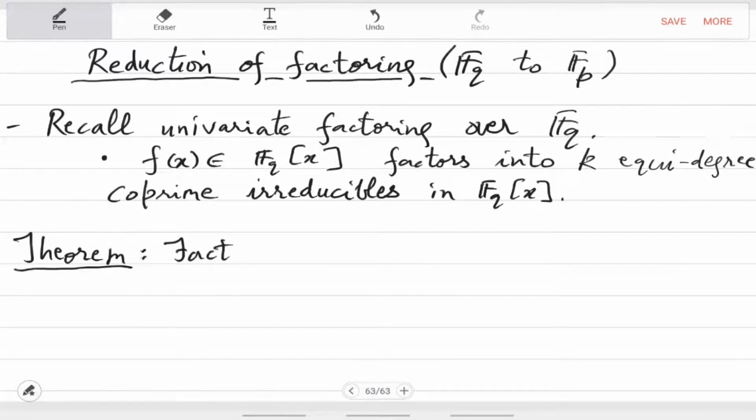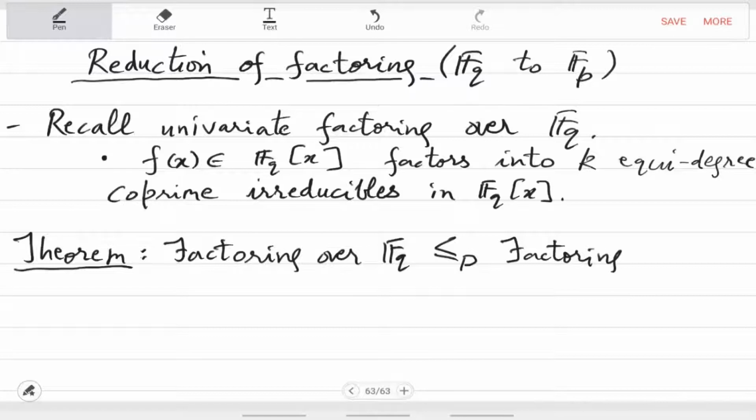We will show that factoring over FQ reduces in deterministic polynomial time, this is not prime P, but polynomial time P, the complexity class, to factoring over FP, where Q is a power of P. Q is P square, P cube, and so on.